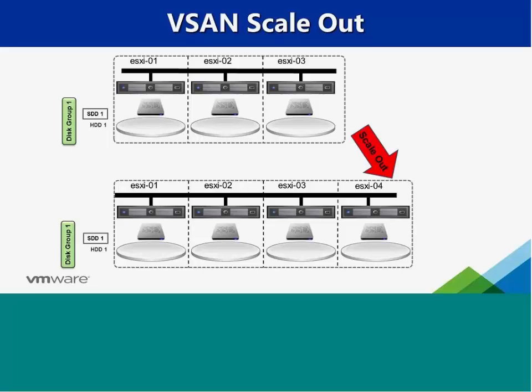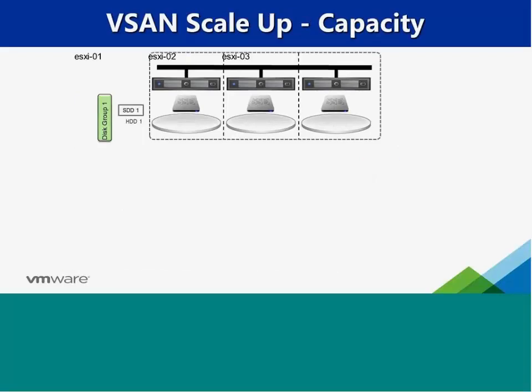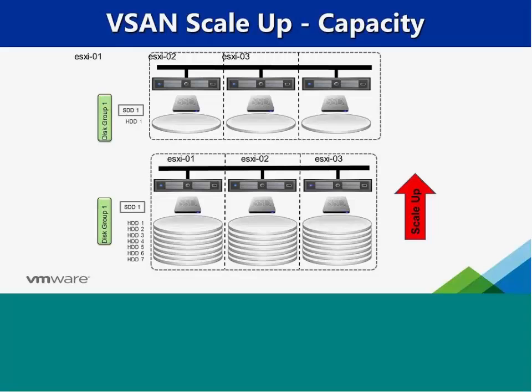In addition to that, next slide, you have the ability to grow your environment up to 32 nodes, as well as up to 5 disk groups. So each of these hosts can expand to having 5 disk groups, which is 1 SSD and 7 HDDs times 5 per host if it's available, and you can add up to 32 nodes in a cluster. Next slide.